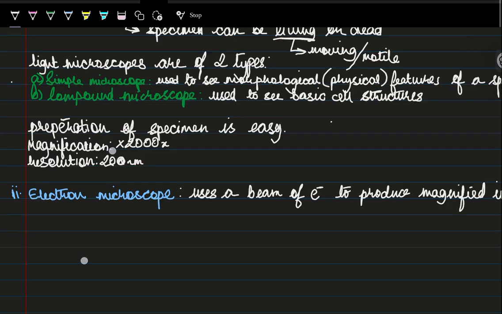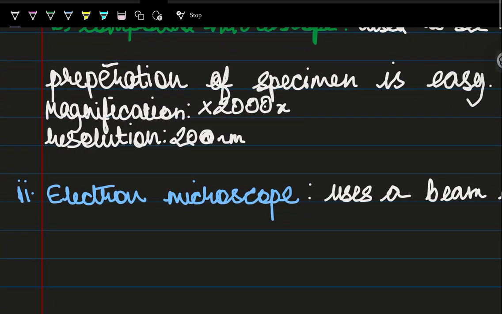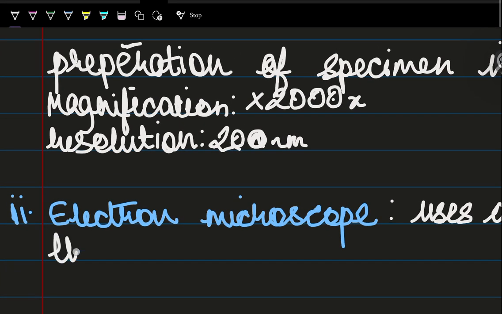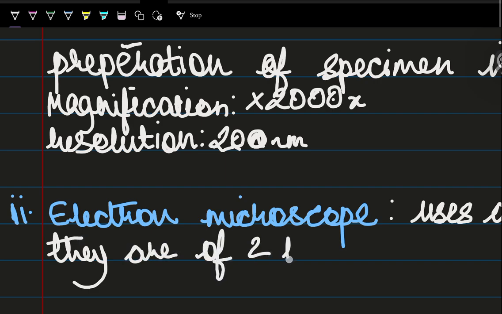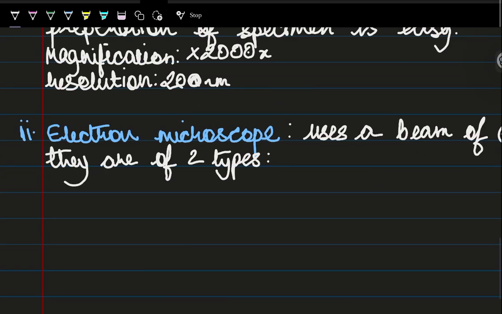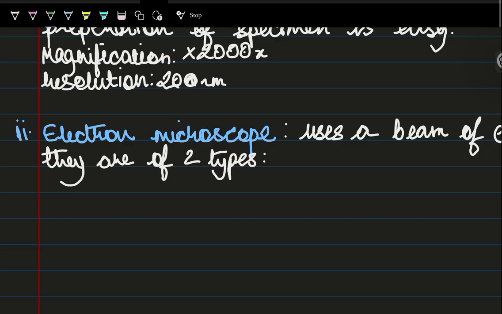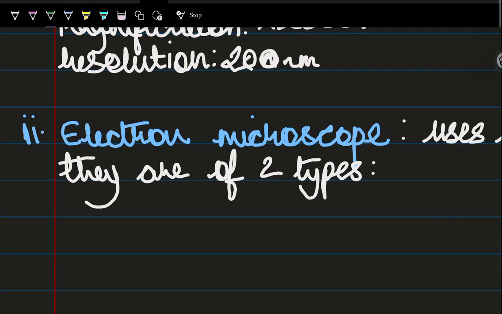Electron microscopes are of two basic types. So the first one is the scanning electron microscope.